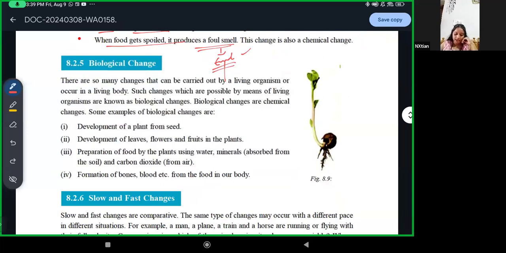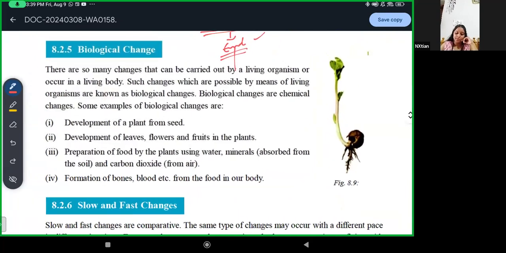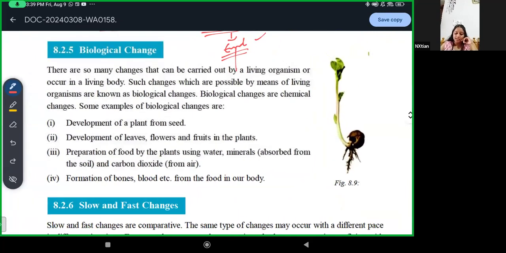Okay, then we have biological change. There are so many changes that can be carried out by living organisms or occur in a living body. Such changes, which are possible by means of living organisms, are known as biological changes. They are chemical changes also.